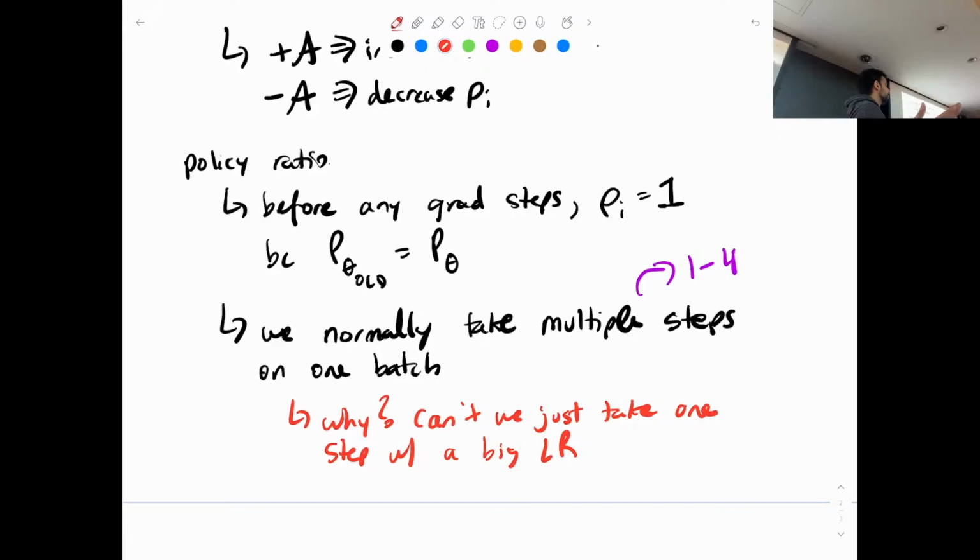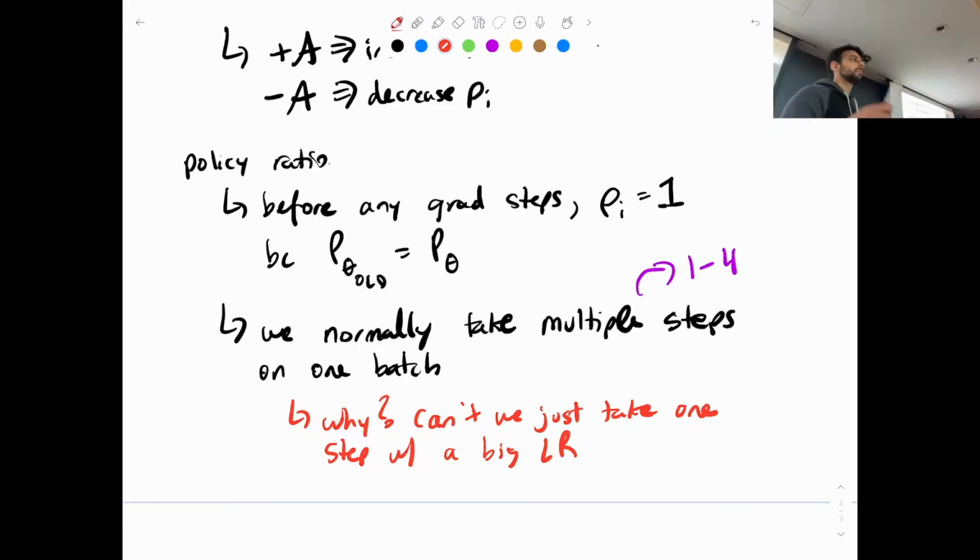But we don't know what impact that might have on the model's performance on other prompts. And so in general, the reason why we don't do this is exactly as you say, we will risk taking a step too far in the direction of increasing the probability of positive advantage tokens, and we run the risk of destabilizing our training process.